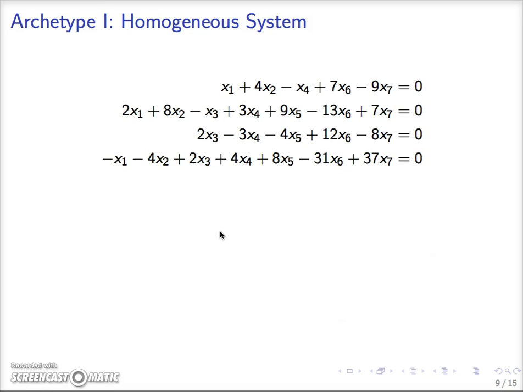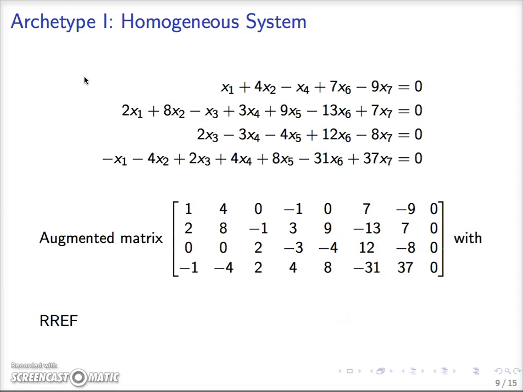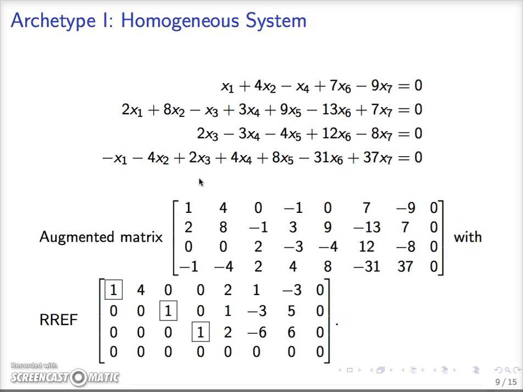So let's consider this system with 4 equations and 7 variables. The augmented matrix has 4 rows and 8 columns, and this matrix row reduces.